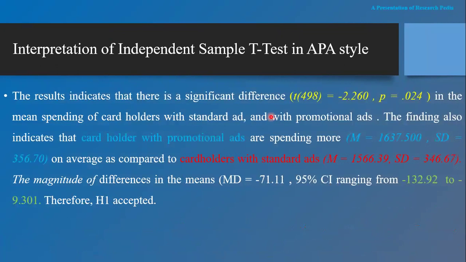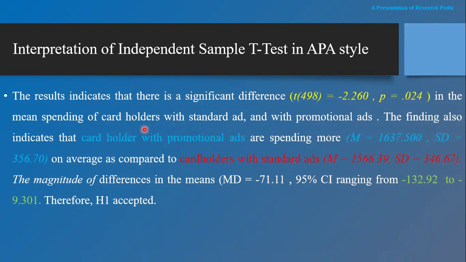So minus 2.260, p is equal to 0.024 in the mean spending of the card holder with standard ad and with promotional ad. So there is a significance difference because p is less than 5% and t is greater than 1.96.